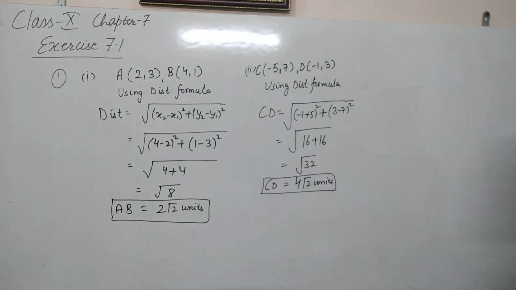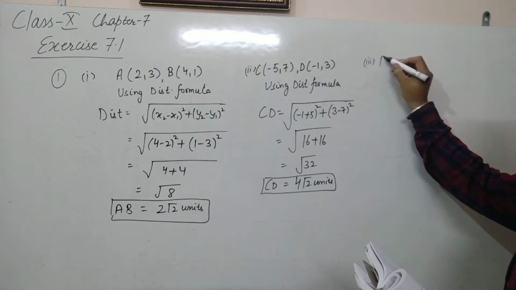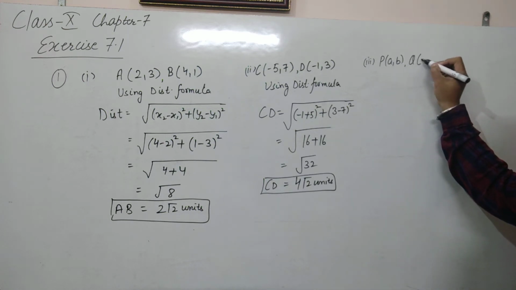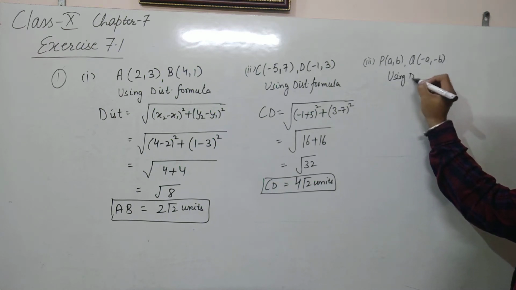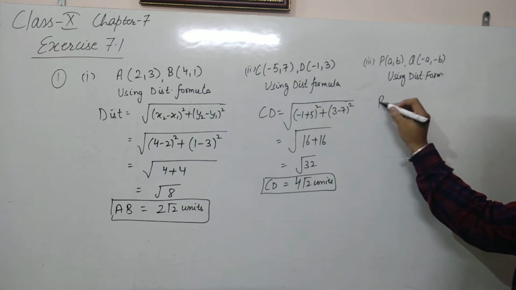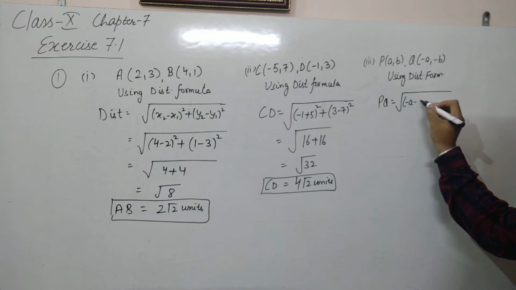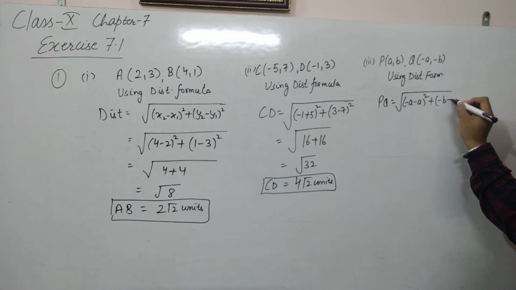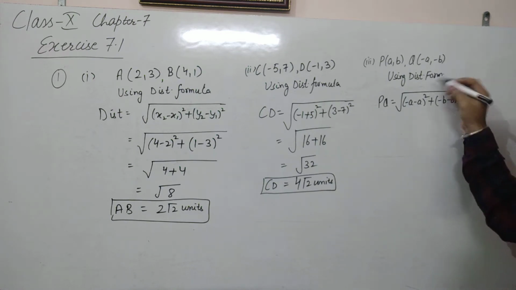Clear everyone? Next, third part. Points are, suppose this is P (a, b) and Q (minus a, minus b). So again using the distance formula, PQ will be equal to root of (minus a minus a) square, that is x2 minus x1 square, plus (minus b minus b) square, that is y2 minus y1.